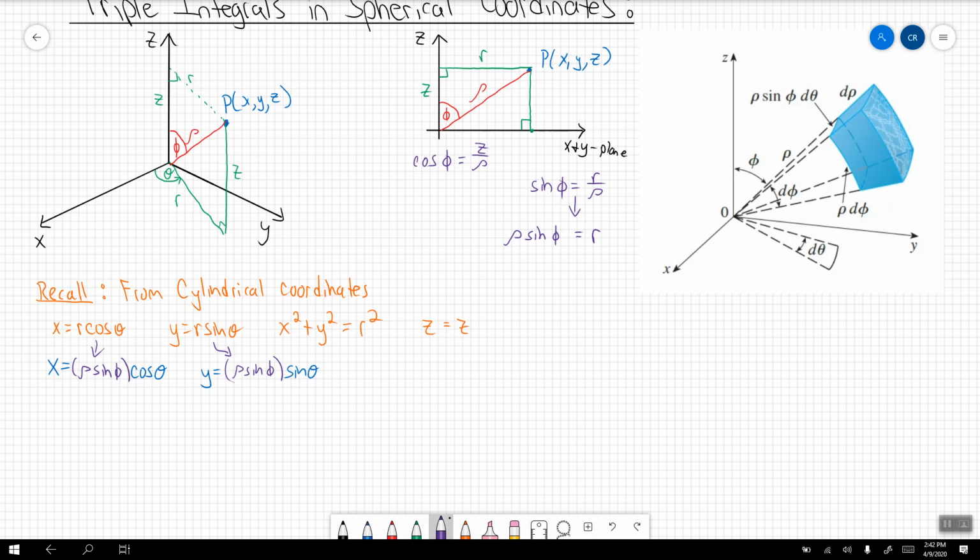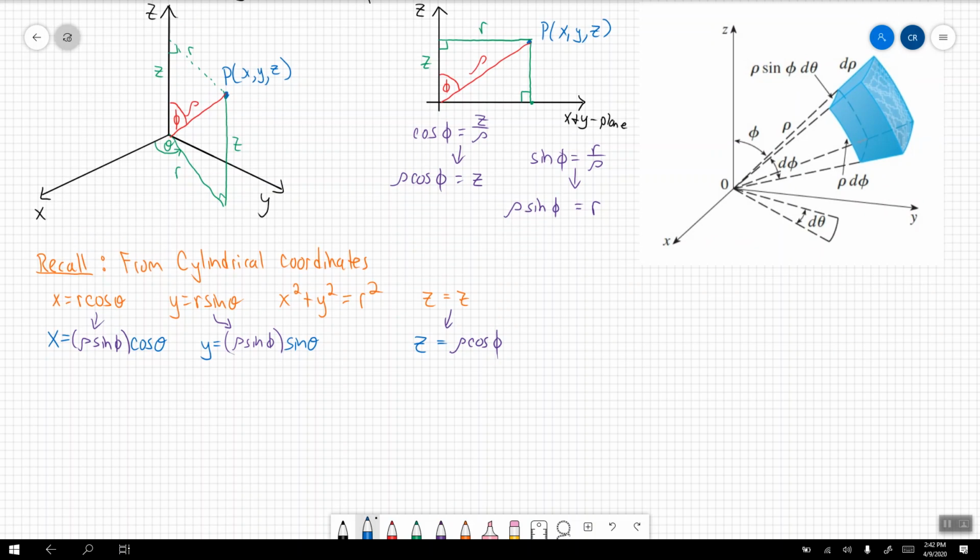According to this piece up here, z is equal to just rho times cosine of phi, which means z in this particular case is just rho times cosine of phi. And this kind of gives us what we need for spherical coordinates.